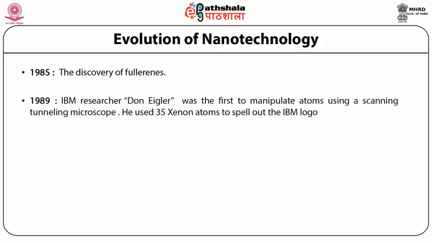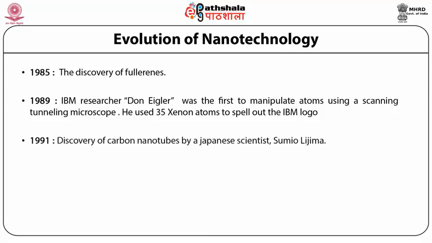In 1989, the IBM researcher Don Eigler was the first to manipulate atoms using a scanning tunneling microscope. He used 35 xenon atoms to spell out the IBM logo. In 1991, carbon nanotubes were discovered by the Japanese scientist Sumio Iijima.